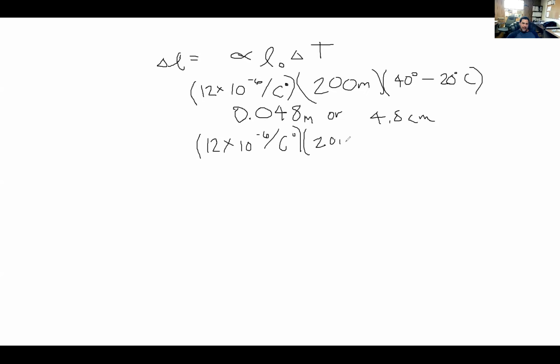So to get how much the bridge would contract on a cold day, it's minus 30, minus 20, so it would be 0.12 meters, or up to 12 centimeters it could contract.